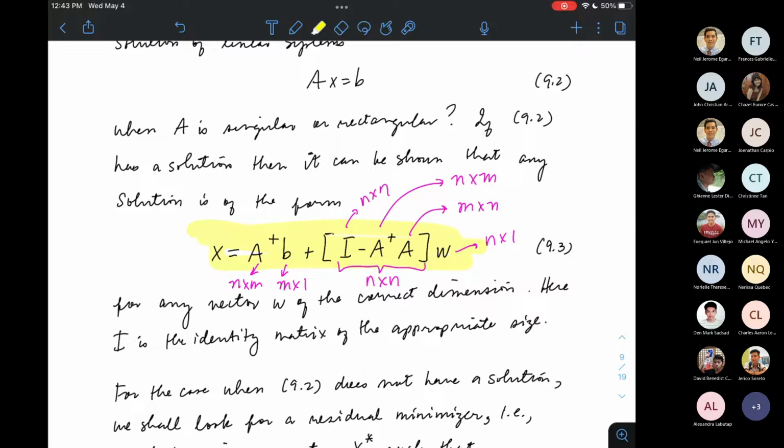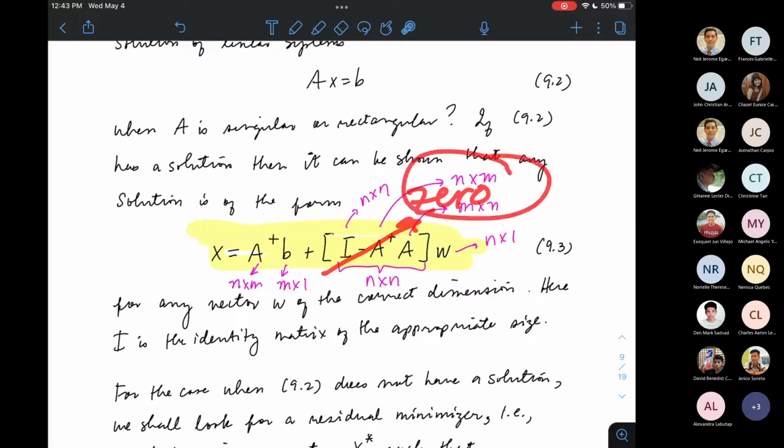Kapag si A ay invertible, makita nyo nagwo-work pa rin yung equation 9.3. Kasi kung si A ay invertible, ibig sabihin si A pseudo inverse ay equal sa A inverse. Then this guy is the identity matrix. Tapos magkakaroon ka dito ng identity matrix minus identity matrix, so this guy will be the zero matrix.